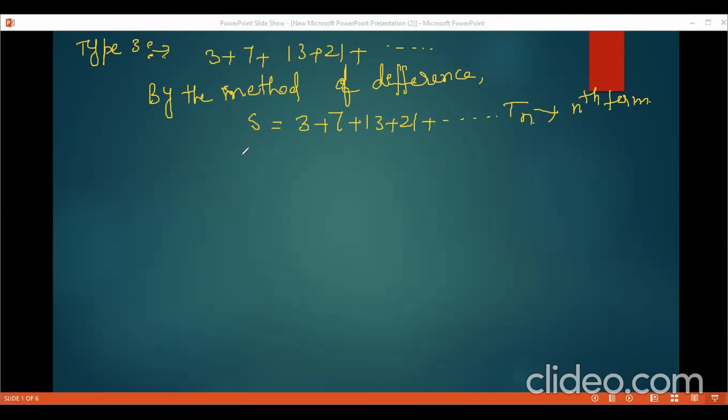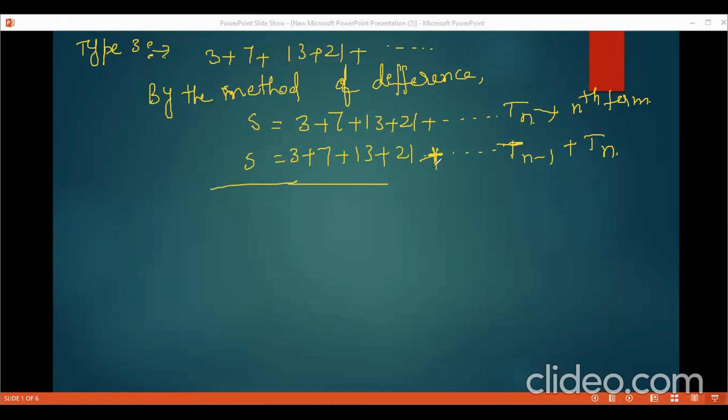And now, can I write S is equal to 3 plus 7 plus 13 plus 21 plus so on. What will be the term before Tn? Can you guess? It is Tn minus 1, correct? Plus Tn. So now, if you subtract these two, what do we get?